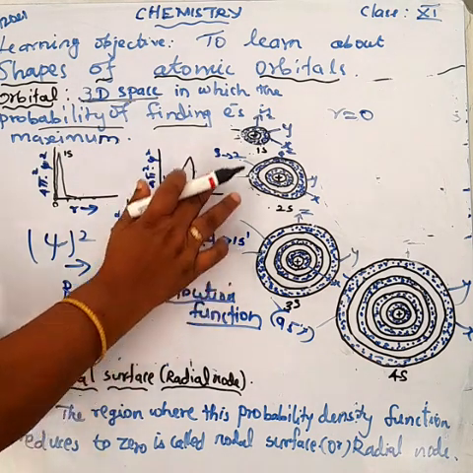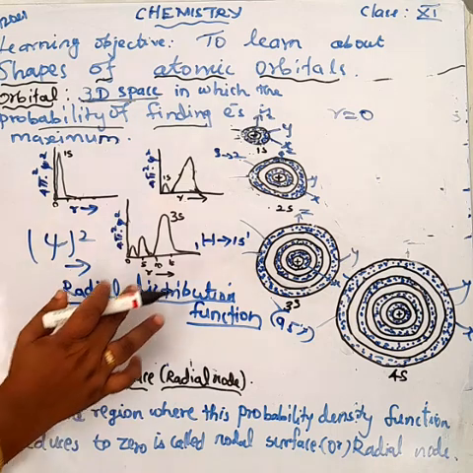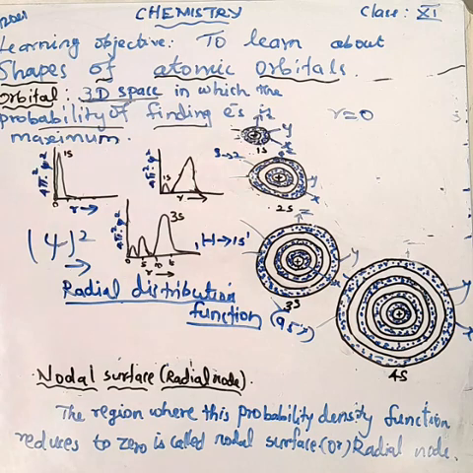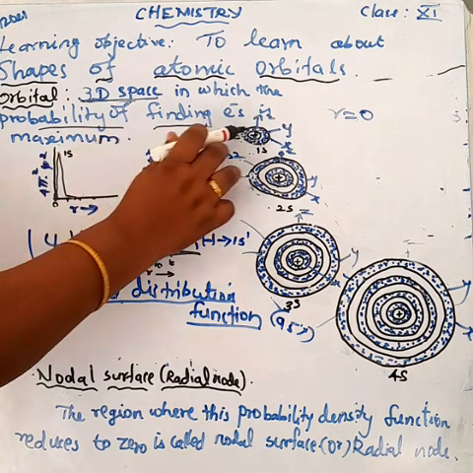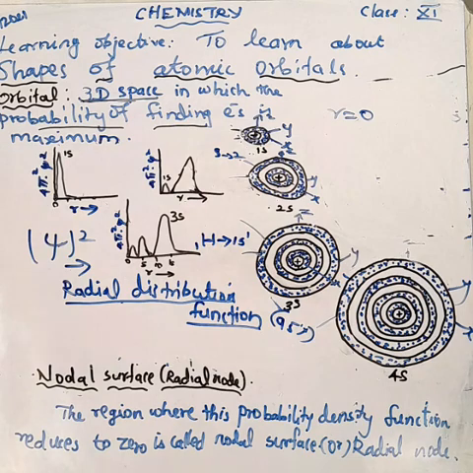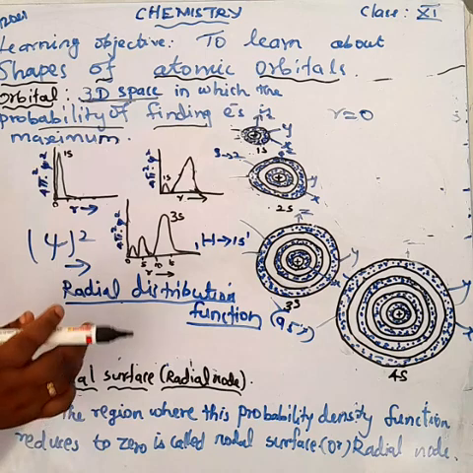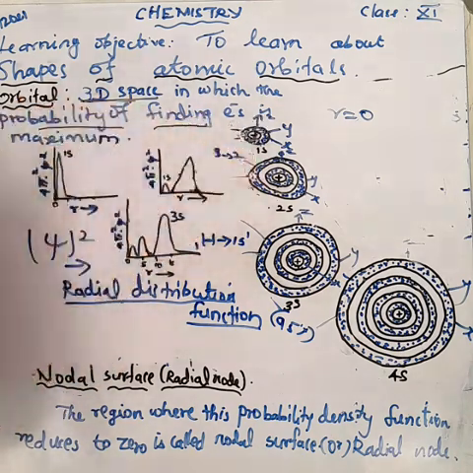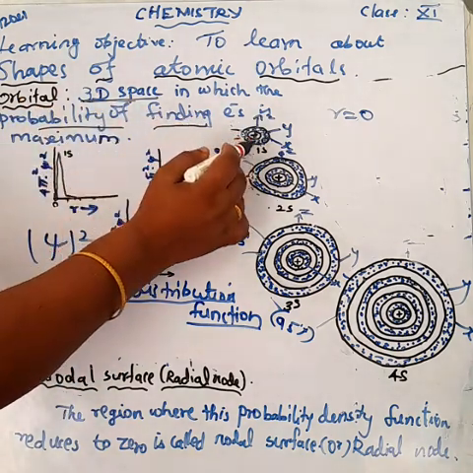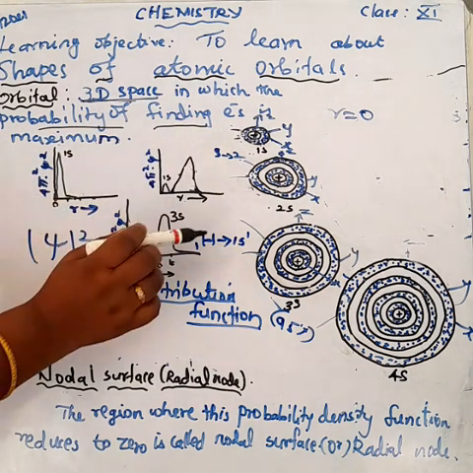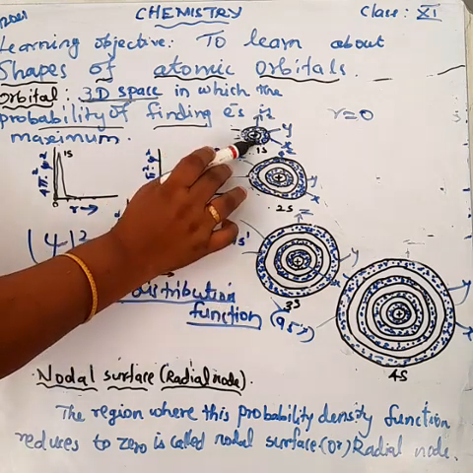In an orbital, you know there is only one electron. The electron revolves around the nucleus at very high speed, so that is the dot representation I mentioned here. All these dots are the maximum probability of finding the electron. Here there may be an electron, here also, here also. Only maximum probability is shown by the dots. For the 1s orbital of the hydrogen atom, only one electron is present.